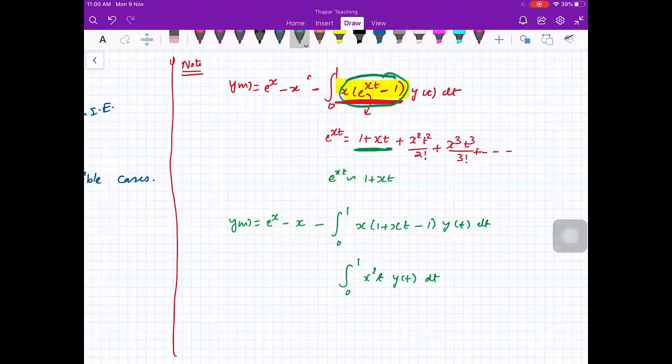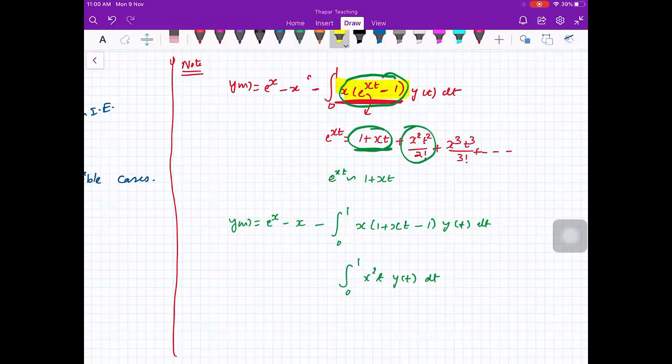Now, how many terms to include? That depends on what accuracy you want. For example, if I'm taking the first two terms, my computation will be very easy, but I will not get a very accurate solution. So I will include one more term. In the exam, it will be given how many terms you have to include.